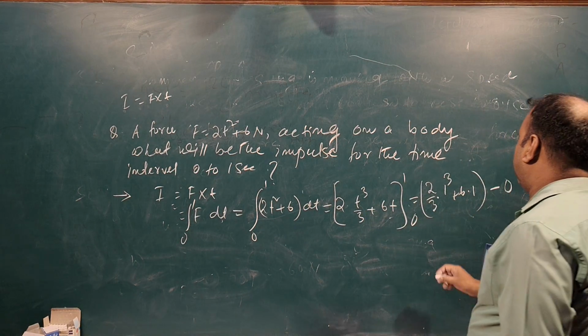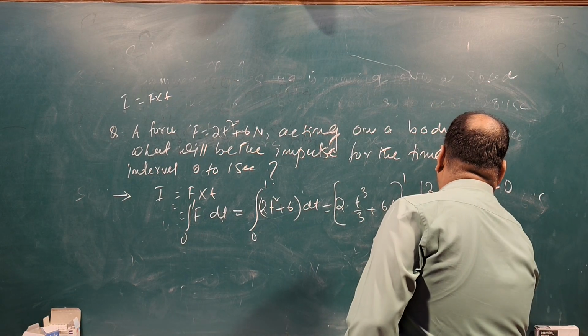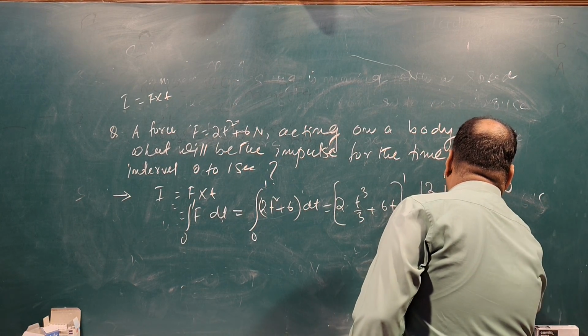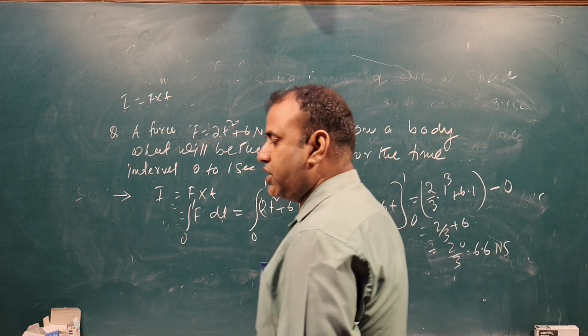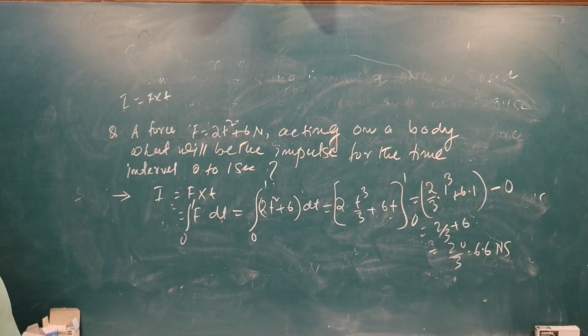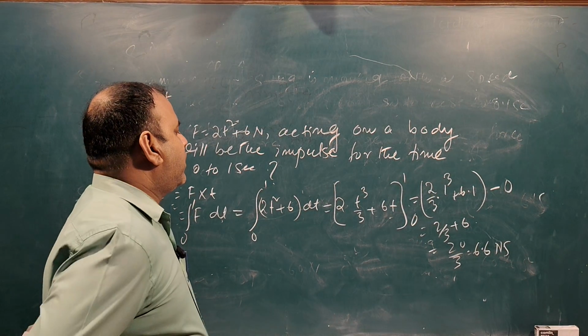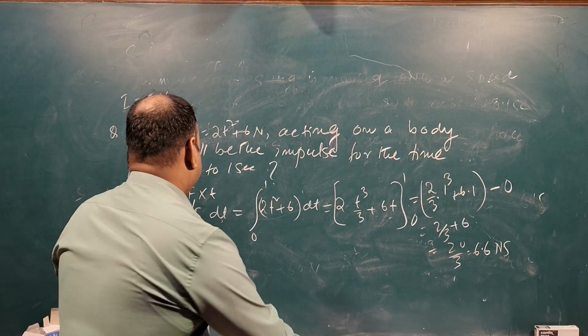So ultimately 2/3 + 6 = 20/3, about 6.6 Newton second. So 6.6 Newton second is the impulse of the particle. In this way we can easily calculate the impulse.